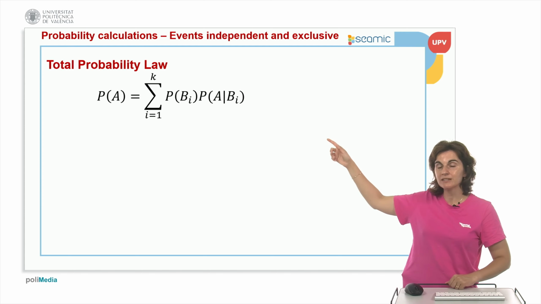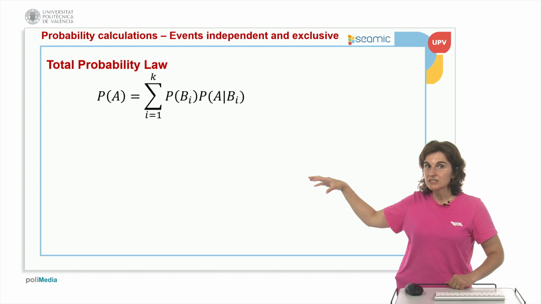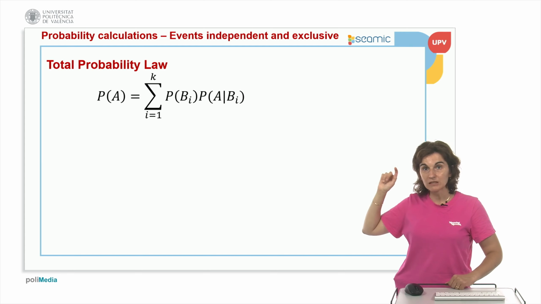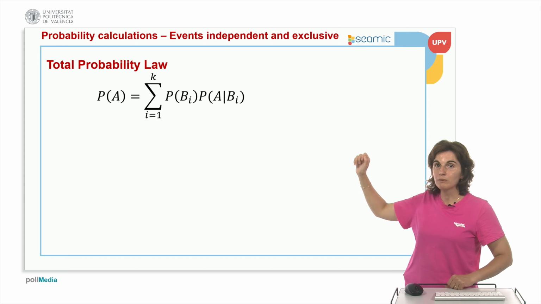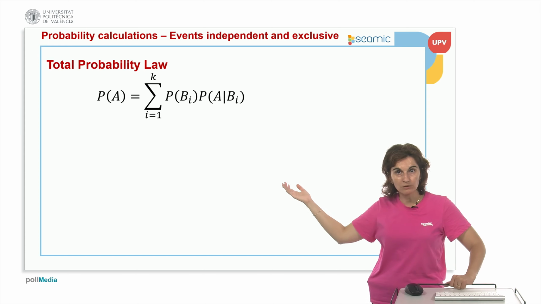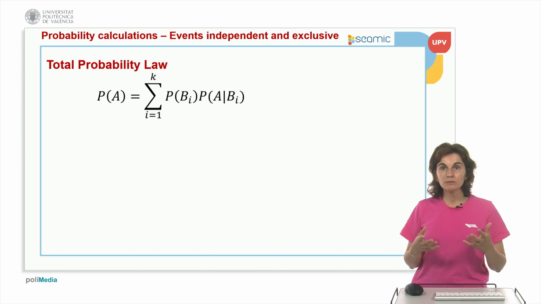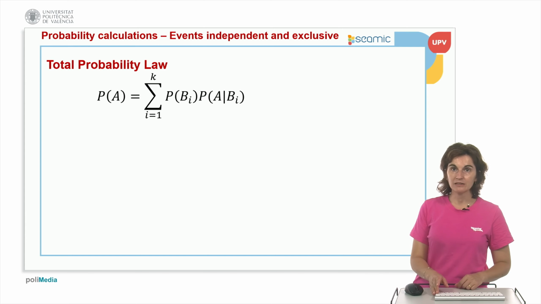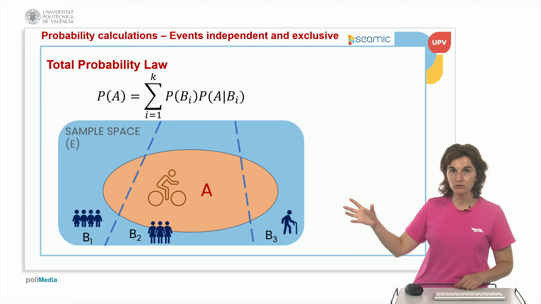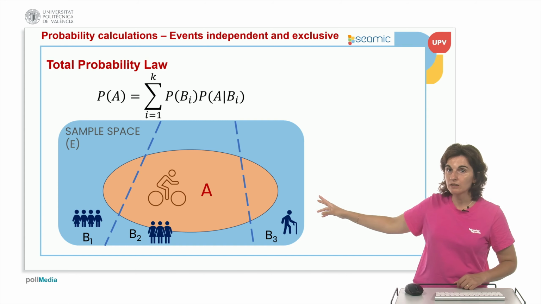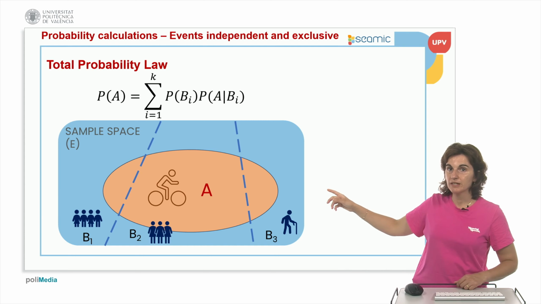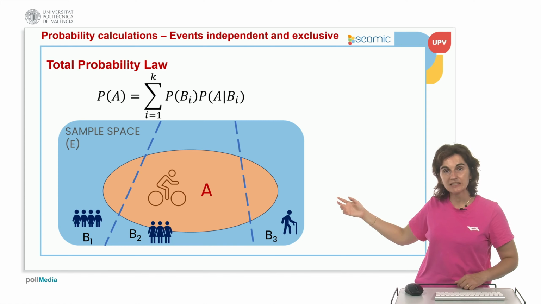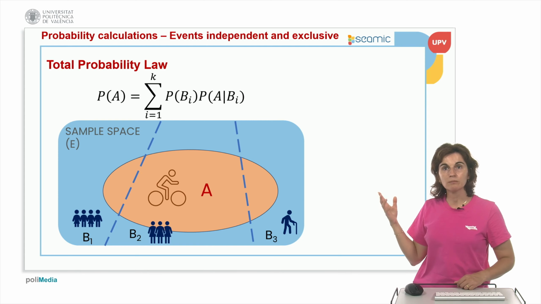This marginal probability to belong to each of these categories multiplied by the probability of A given B1 or probability of A given B2 and so on. So you can develop this expression as probability of B1 times probability of A given B1 plus probability of B2 times probability of A given B2 and so on. And this is how we can apply the total probability law.